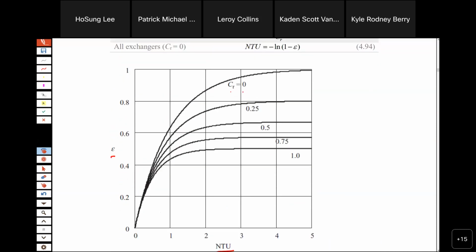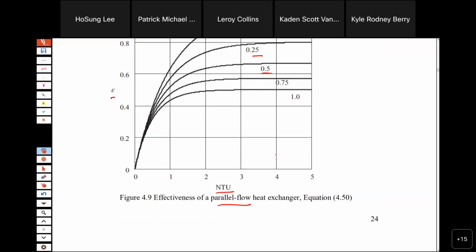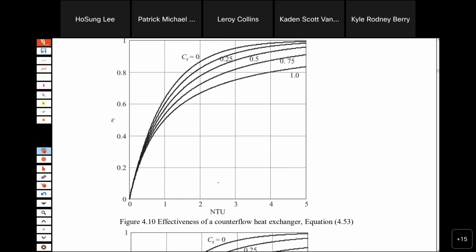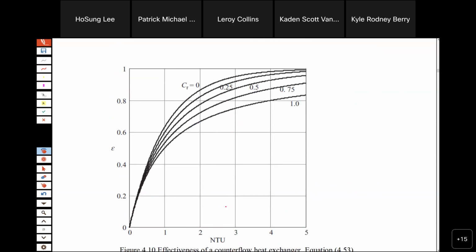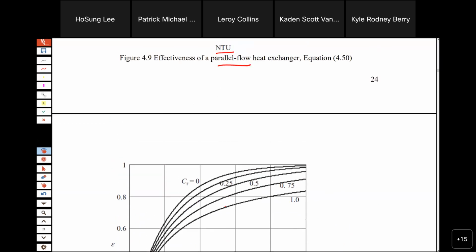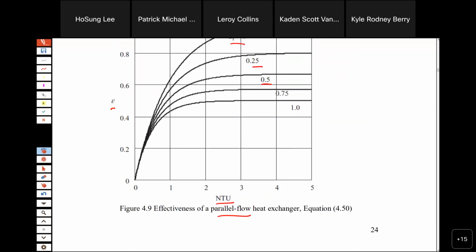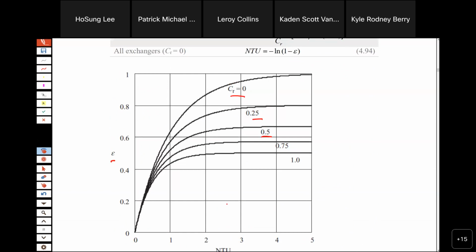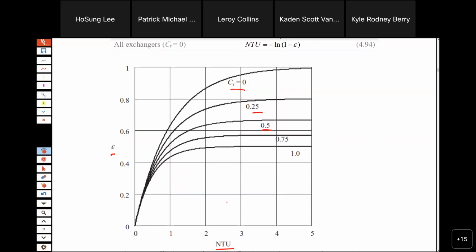It depends on the C ratio. And look at the counterflow. Which one do you think is more effective? Can you figure out? In general, which one is more effective, parallel flow or counterflow? Can you say something?